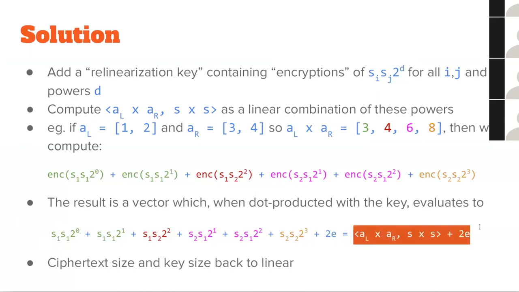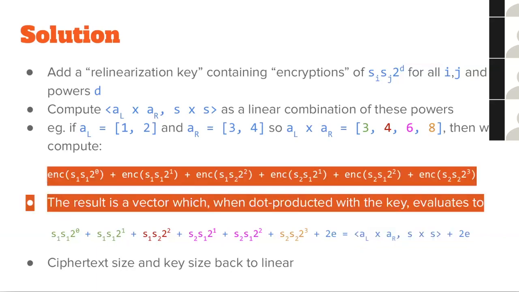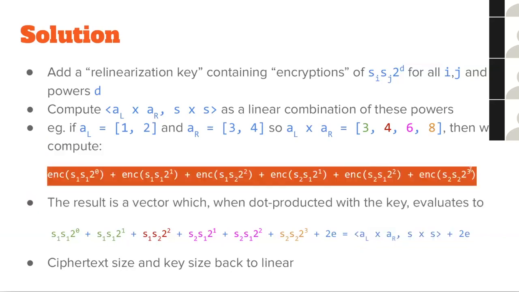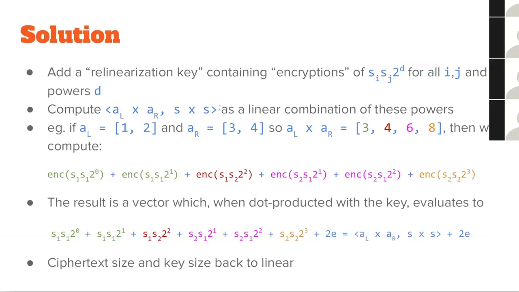So basically what we've done is we've created this sum of a bunch of these ciphertexts such that if you were to decrypt it, so if you were to dot product it with the new key, then you would actually get a value which equals the evaluation of this plus some more error.